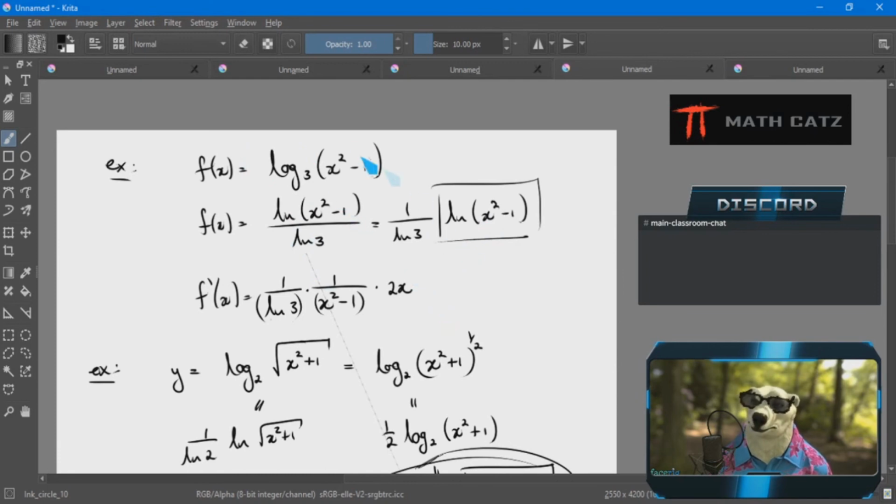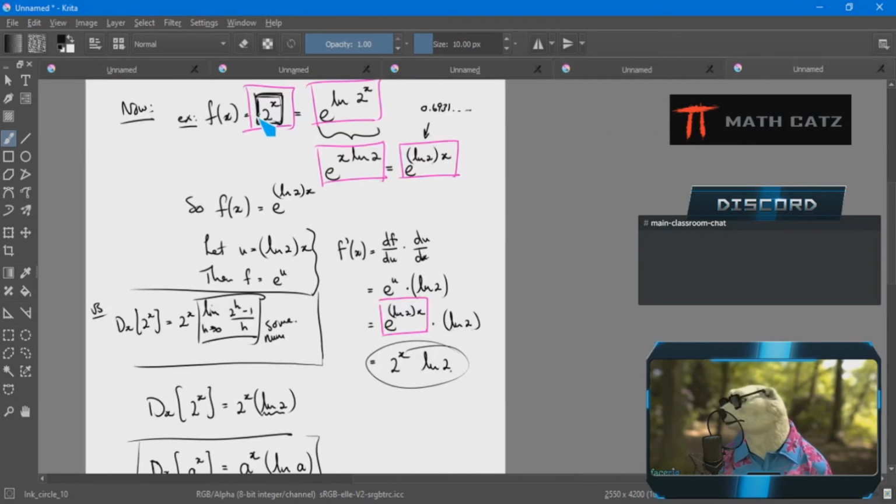It was fast to change the base. It really wasn't something I needed to memorize, in my opinion. Whereas this one, there's some steps involved here, right? Yes, you can streamline it a little bit, but you have to rewrite it to the base e version, and that's a little bit more work than the log situation.